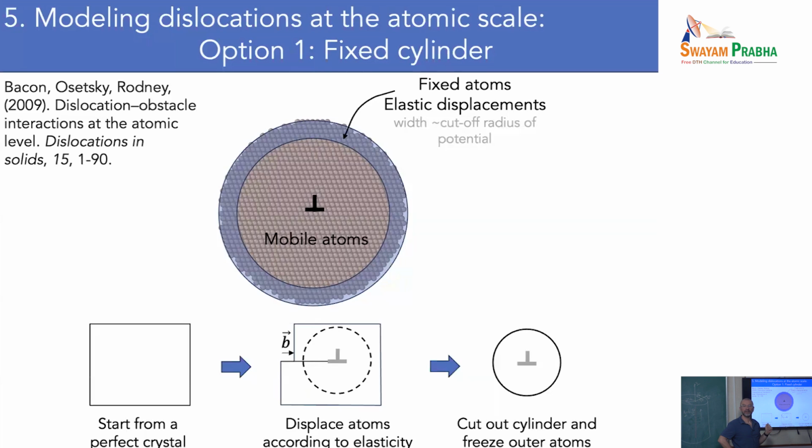Even after fixing the surface atoms, the dislocation can have an image force and it can move towards the surface. Yes, but if the dislocation wants to move in this direction, then to remain at equilibrium, these atoms should also move. They should relax.